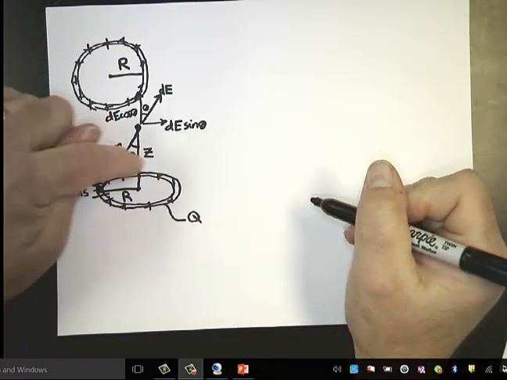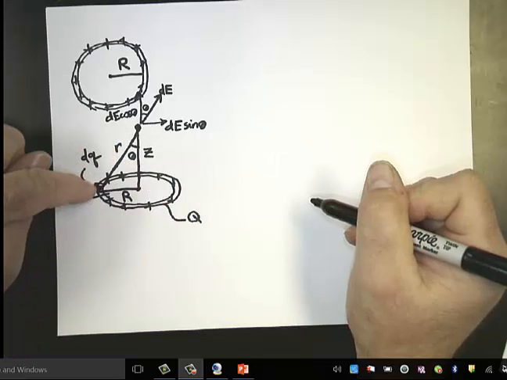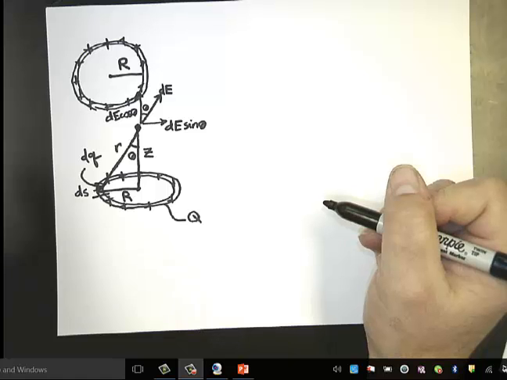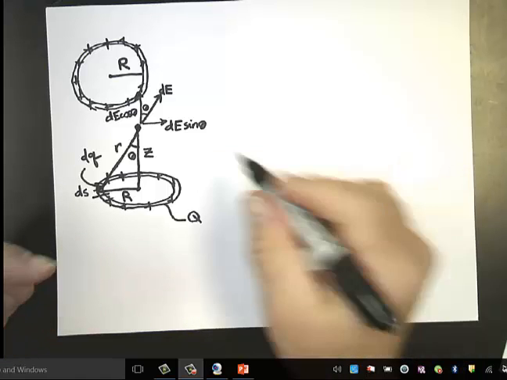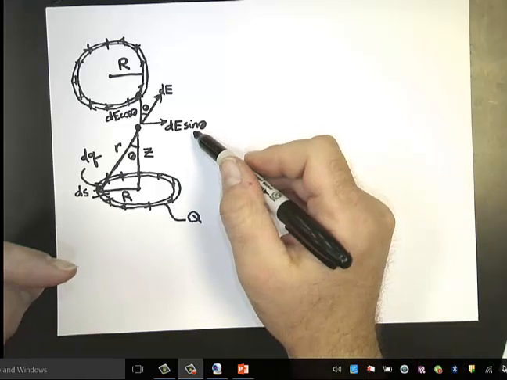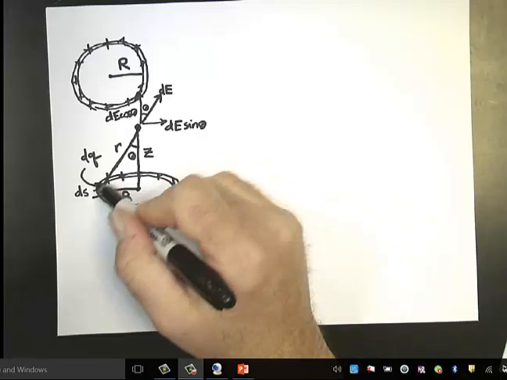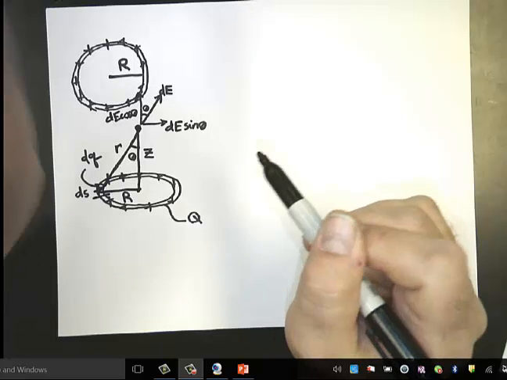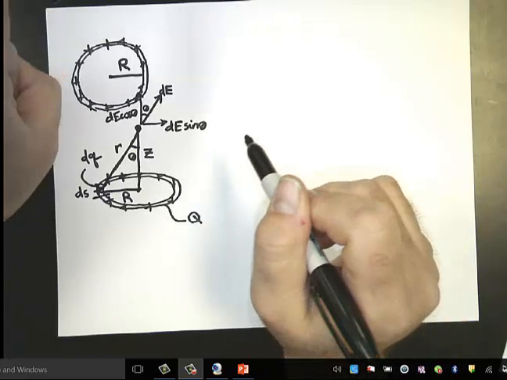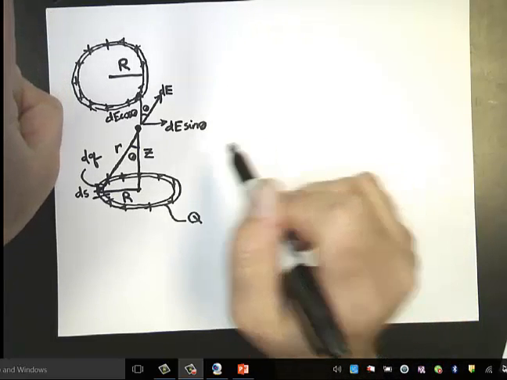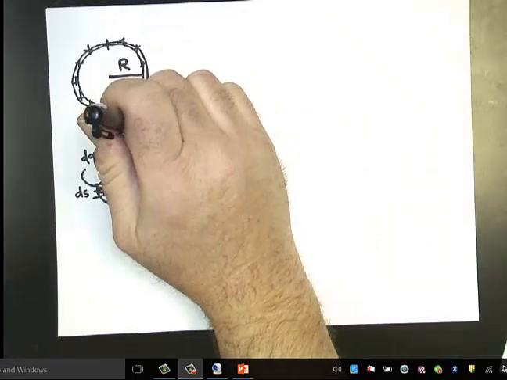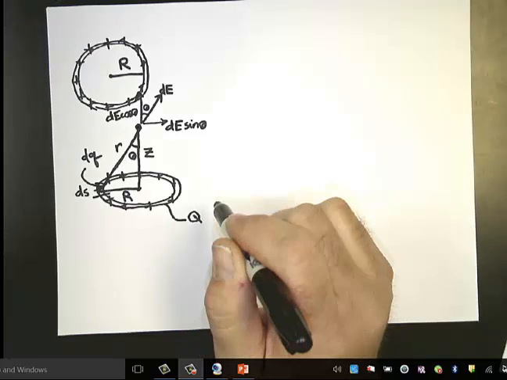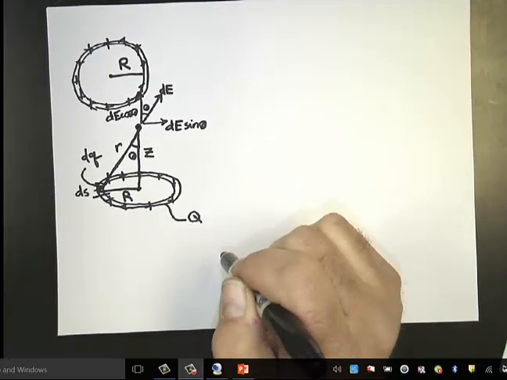When I go around the circle and add up the effects of each one of these charges, dE sine theta is going to cancel itself out as I go around the entire circle. dE cosine theta, I just keep adding those up, and they all point in the positive z direction, which makes sense because if I put a positive test charge there, you expect him to get pushed away from the center of the ring.